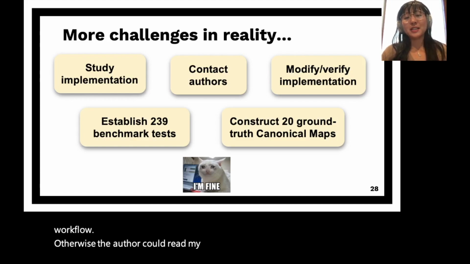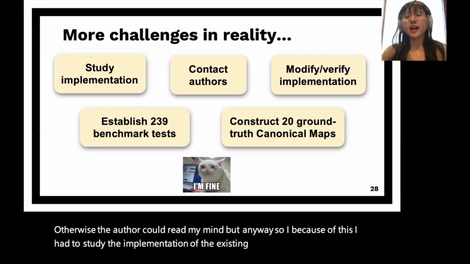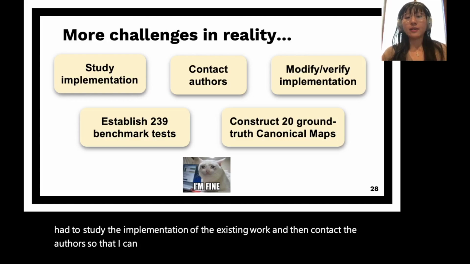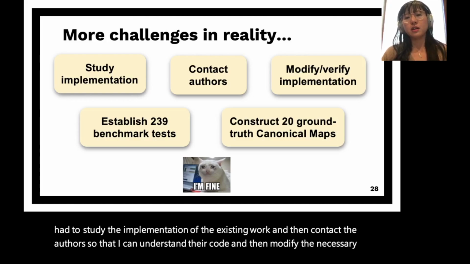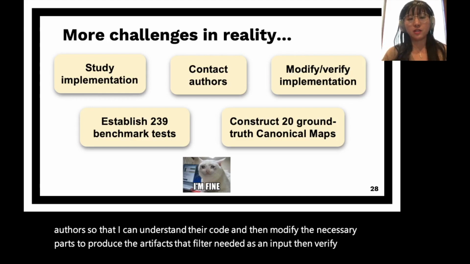But anyway, because of this, I had to study the implementation of the existing work and then contact the authors so that I can understand their code and then modify the necessary parts to produce the artifacts that FrUITeR needed as an input, then verify my modification with the authors.